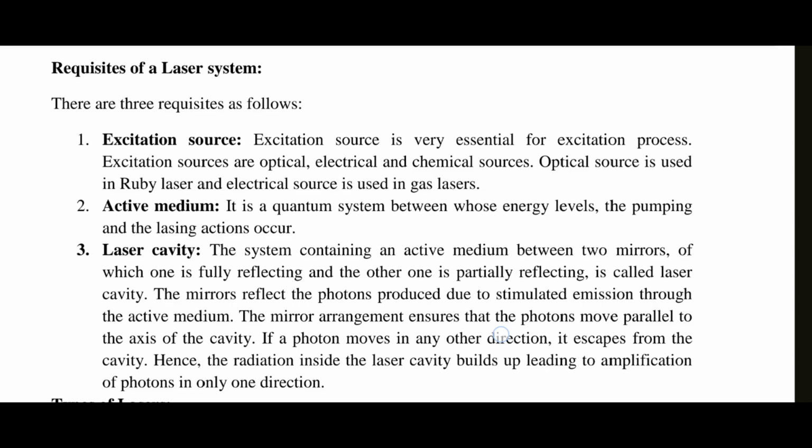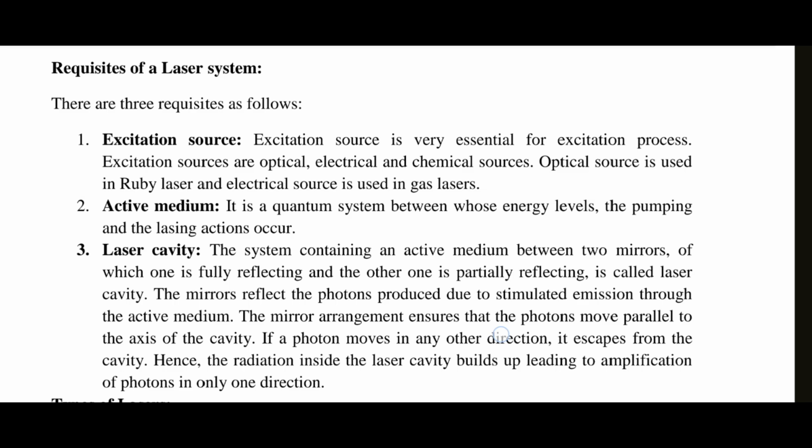The mirrors reflect the photons to produce stimulated emission through the medium. The mirror arrangement ensures that the photons move parallel to the axis. If a photon moves in any other direction, it escapes from the cavity. Hence the radiation inside the laser cavity builds up, leading to amplification of photons in only one direction.